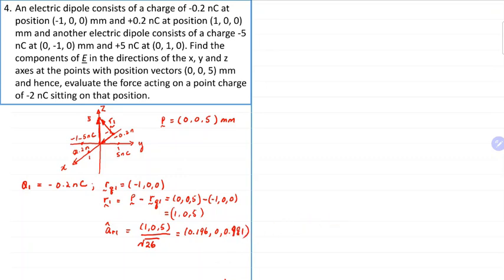We can do the same for Q2, Q3, and Q4. So I define my Q2 as 0.2 nanocoulombs at the position vector R_Q2, (1, 0, 0).